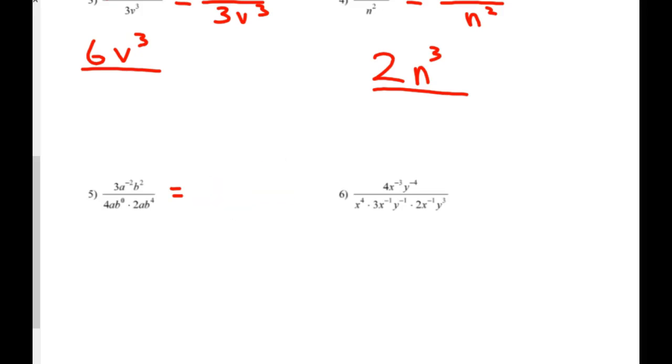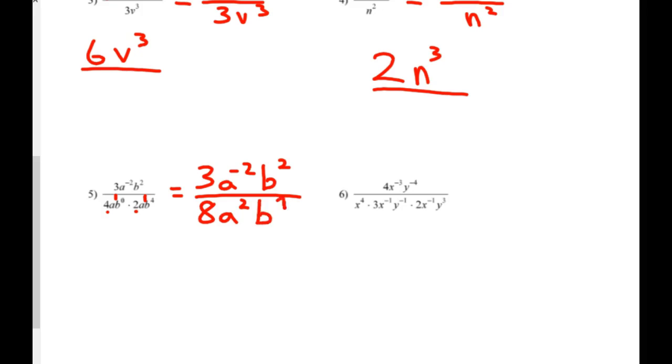It's on the bottom. 3a to the negative 2 b squared. Okay. So, on the bottom, 4 times 2, 8. Okay, a to the 1 and a to the 1. Add them up. A squared. Now b to the 0 and b to the 4th. Okay, 0 plus 4 is still 4.